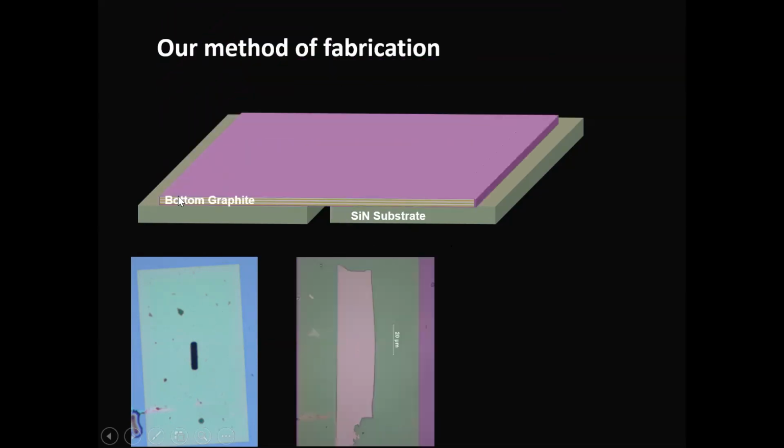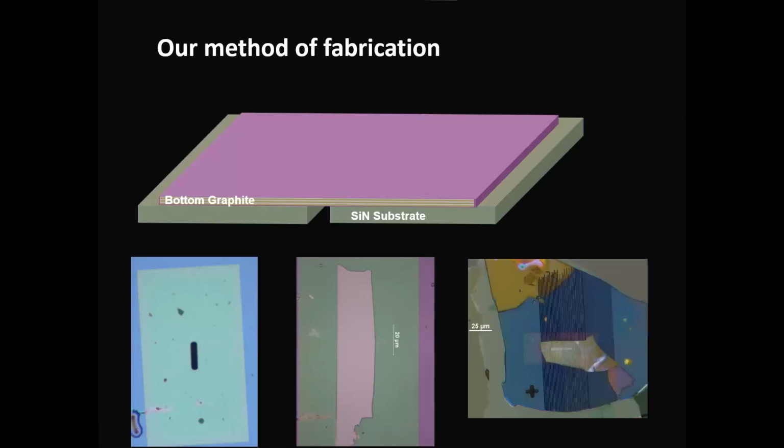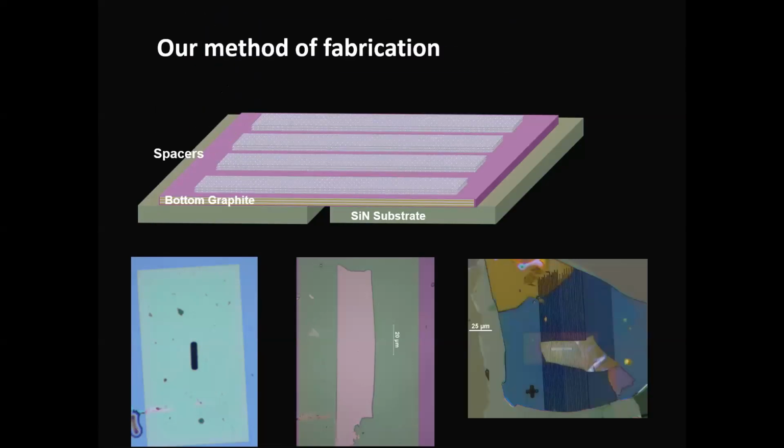Now you transfer the bottom graphite. There is a layer of something like 5 to 10 nanometer of graphite. You transfer the graphite. Then you make graphene lines by electron beam lithography and oxygen plasma.